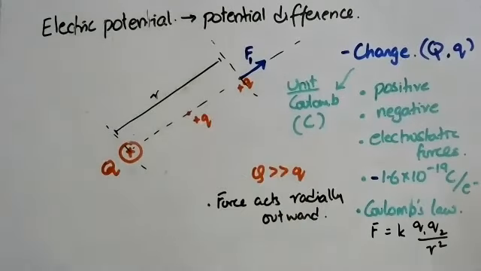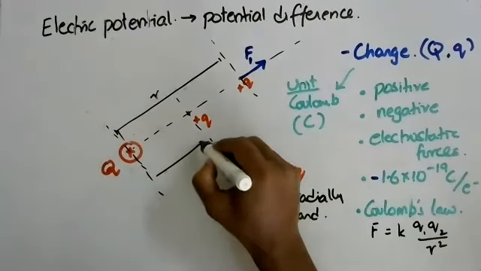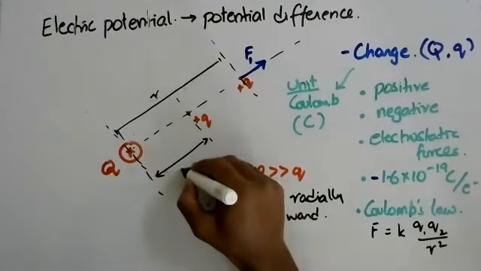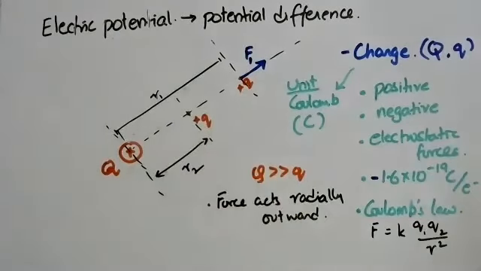So this is the new position of the test charge, and therefore this is the new distance between the two. I'll call this R1, then I can call this R2.